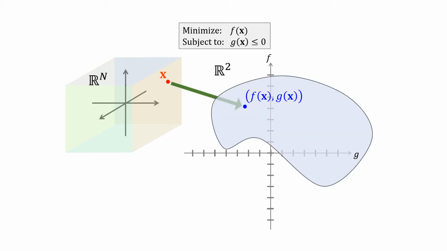And this blue shaded region is the image of the entire domain of the vector x. The only reason this blue shaded region is bounded is because I've just assumed that f and g are also bounded.